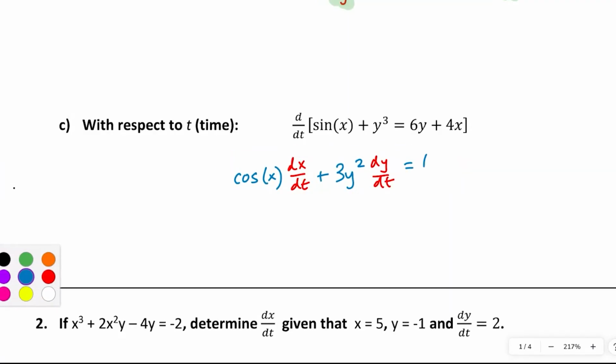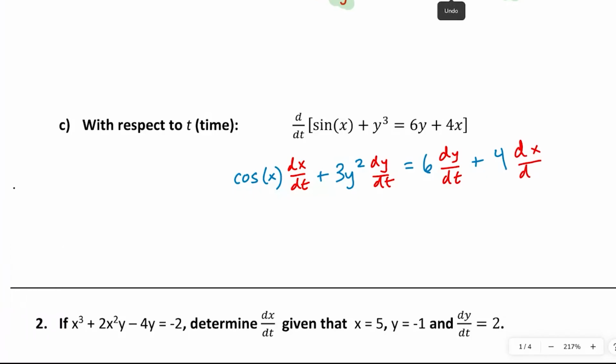The derivative of 6y is just 6 dy dt, and differentiating 4x with respect to t will be 4 dx dt. Any questions so far?